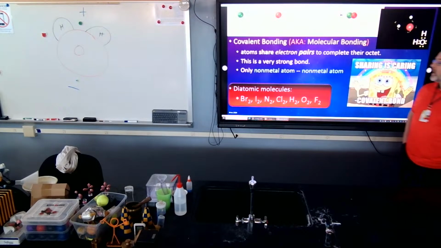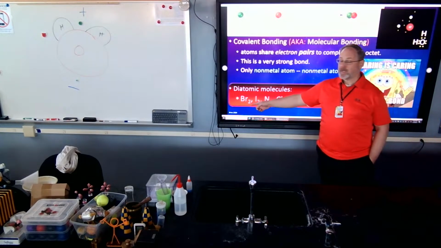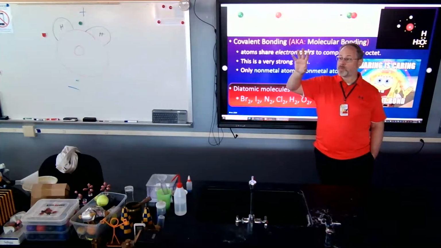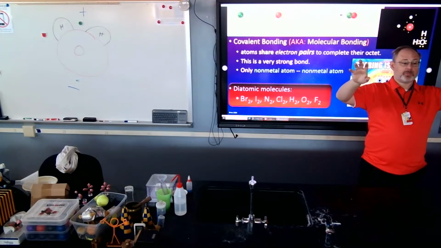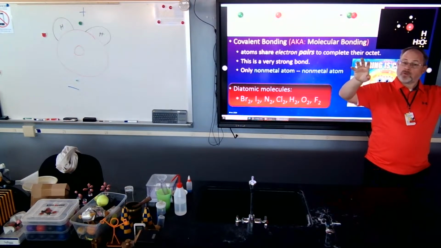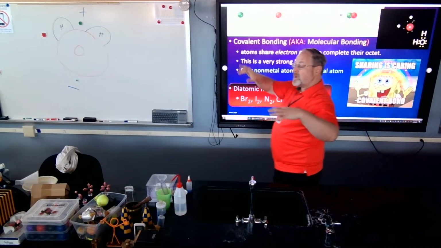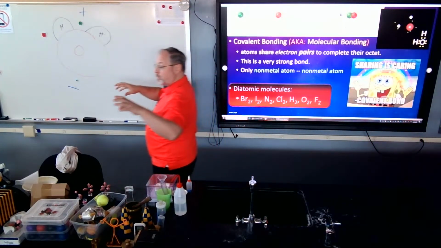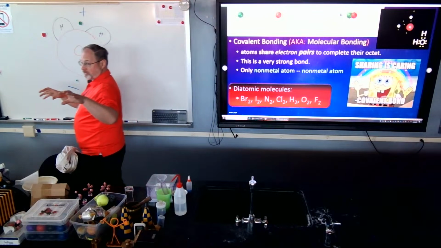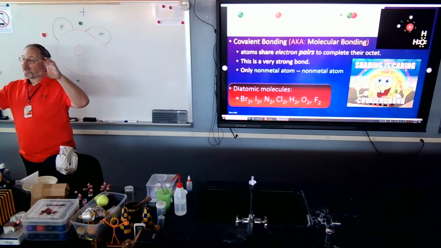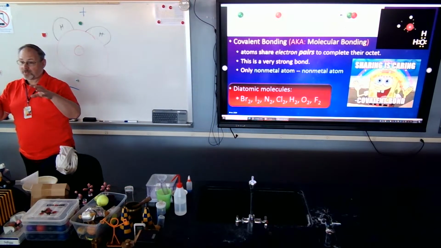So bromine has 7 valence electrons. It needs one more. So bromine A shares an electron with bromine B. By sharing that one electron, bromine A has 8 electrons, but bromine B also has 8 electrons. And because it happens at the speed of light, they don't miss their electrons.